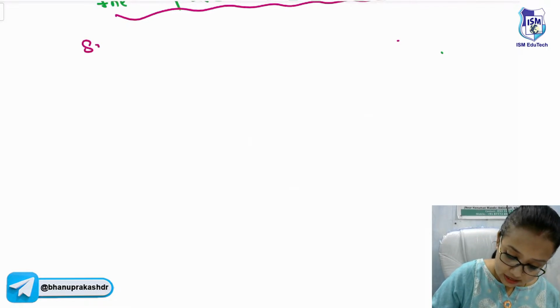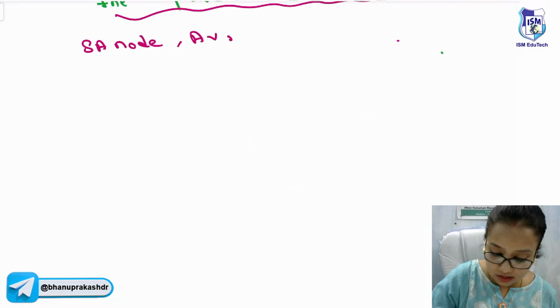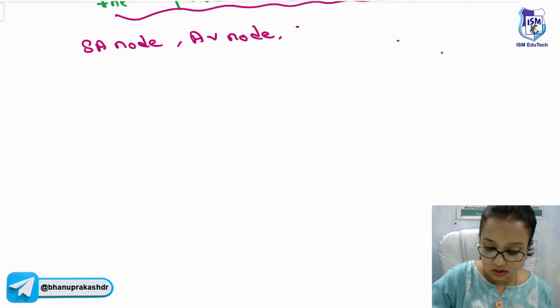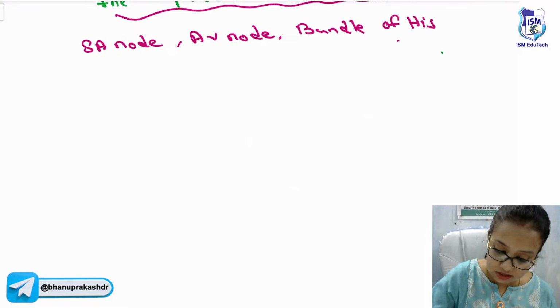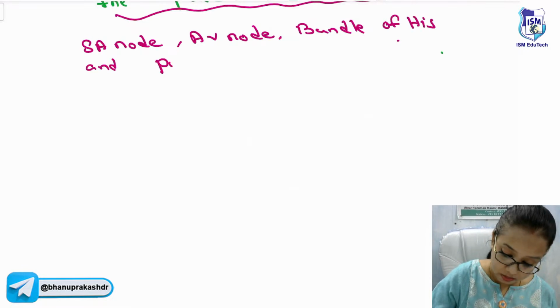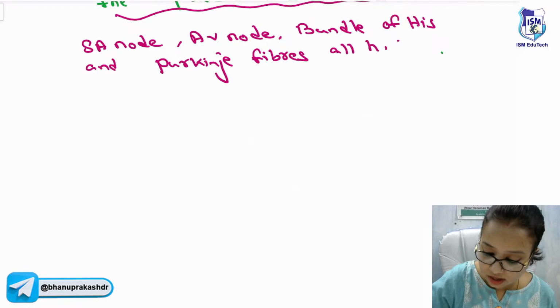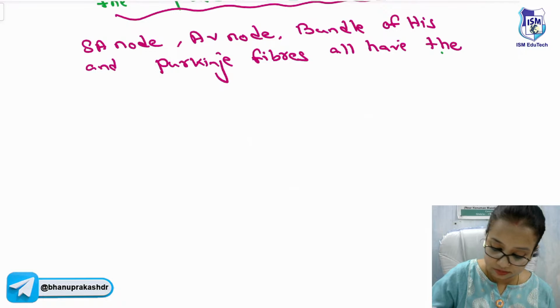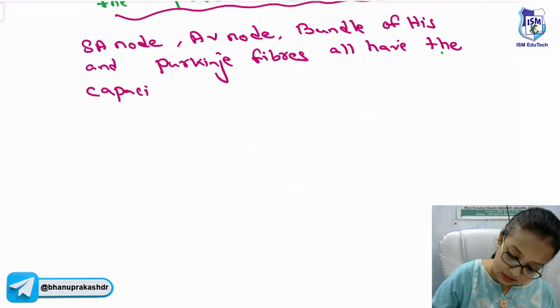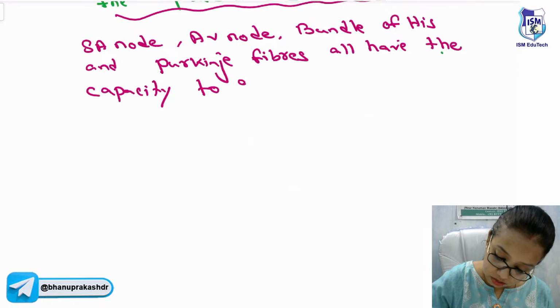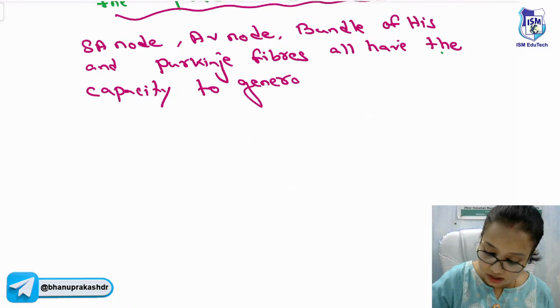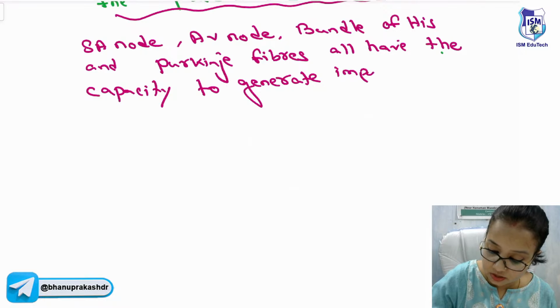Here, SA node, AV node, bundle of His and Purkinje fibers all have the capacity to generate impulse.